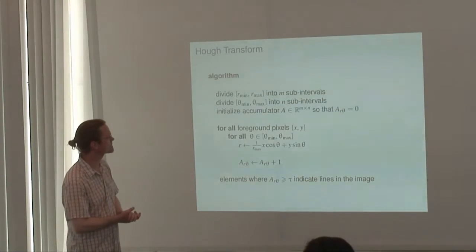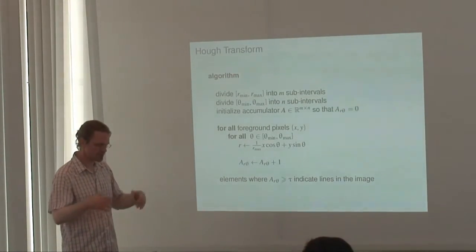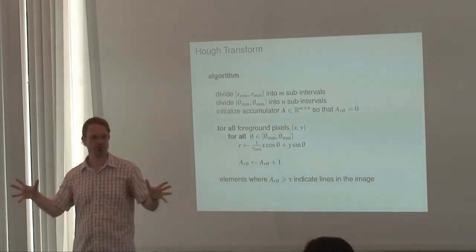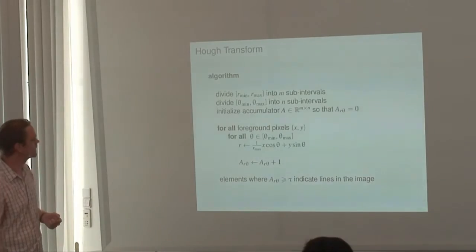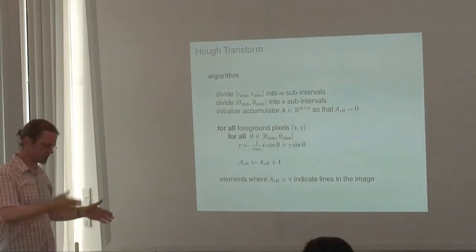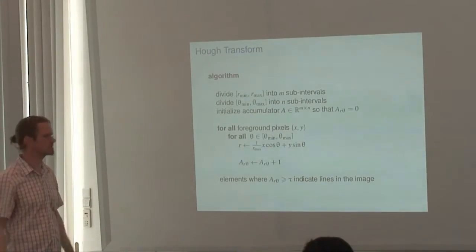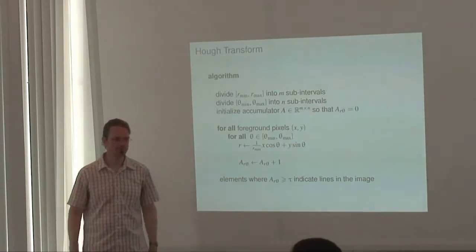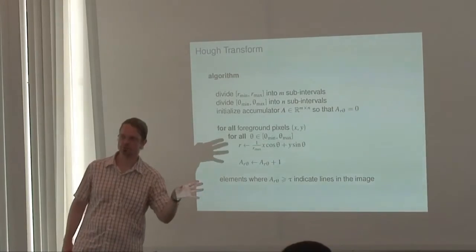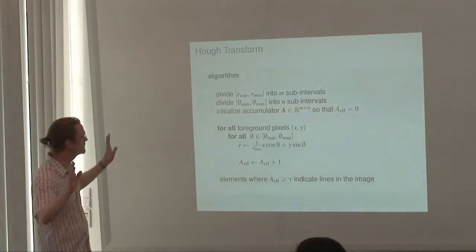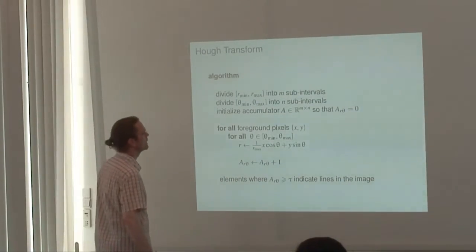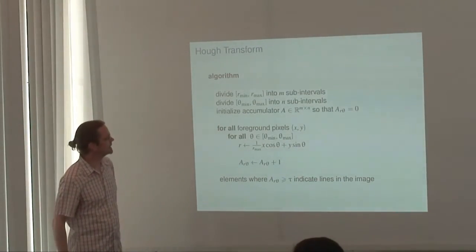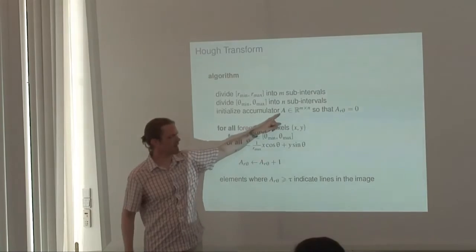So here we go. We first create our Hough space. That is, we decide what is the maximum r we are talking about, what's the minimum r, and this gives us an interval which we chop into M bins. Also decide the maximum and minimum theta, and I'm not discussing how we do this. This is one of these details. Let's not look under that rock. We have an interval of theta values which we discretize. And then we initialize our Hough space.